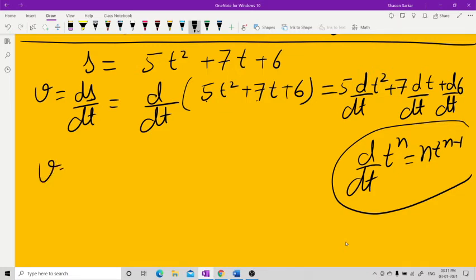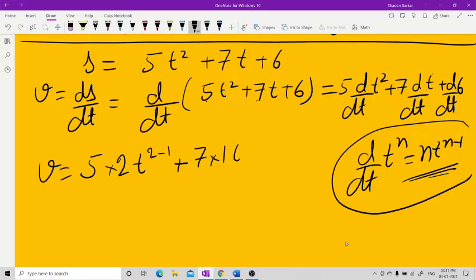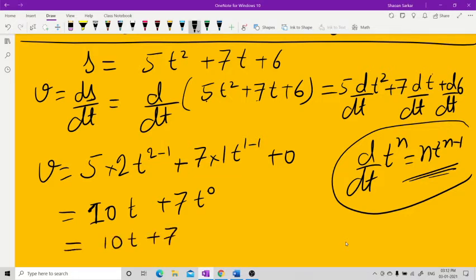Now v will be equal to 5 times 2 t to the power of 2 minus 1, using this formula, plus 7 times 1 t to the power of 1 minus 1, plus 0, because this constant is 0. This is 10t, 2 minus 1 is 1, plus 7 into 1 is 7, t to the power of 0. Anything to the power of 0 is 1. So 10t plus 7. I hope you understood.